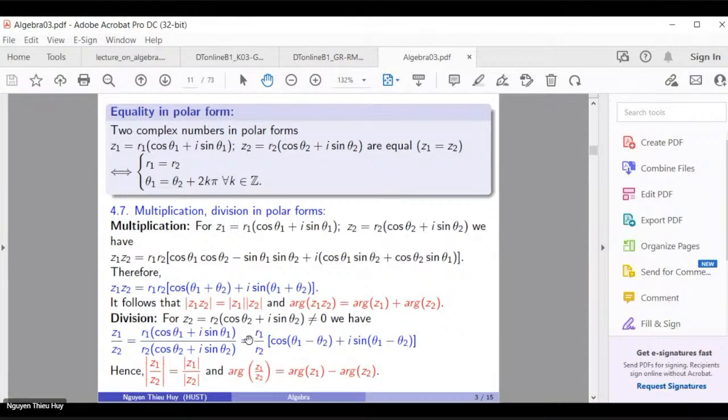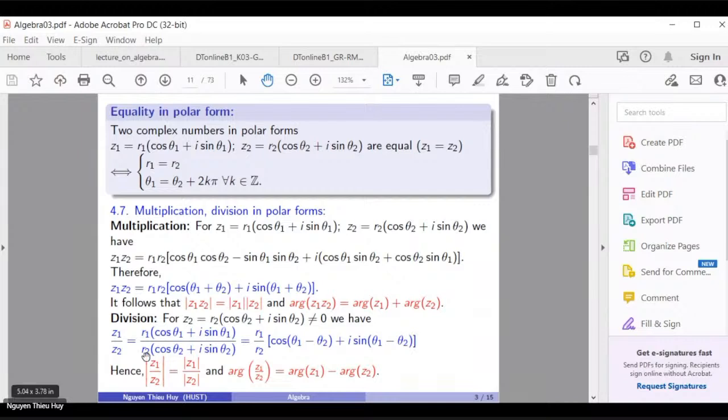So it's divide the two moduli, and for the argument you take the difference: cos(theta 1 minus theta 2) plus I sine(theta 1 minus theta 2). Actually, if you want to prove this equality, it's very simple. You just multiply with the denominator and you apply the above formula.